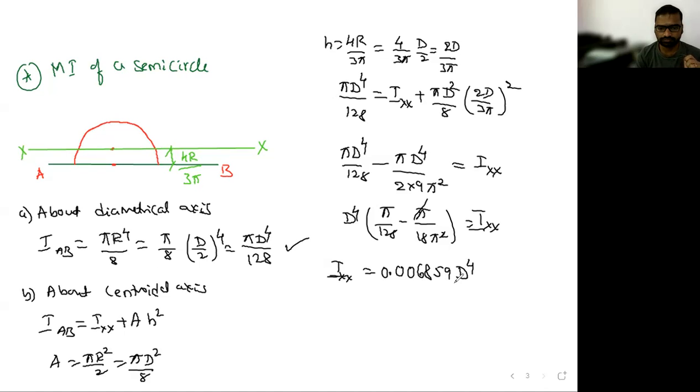Is it correct? Yes, sir. If this answer is correct, in terms of radius, I will write 0.006859 into d raised to 4.